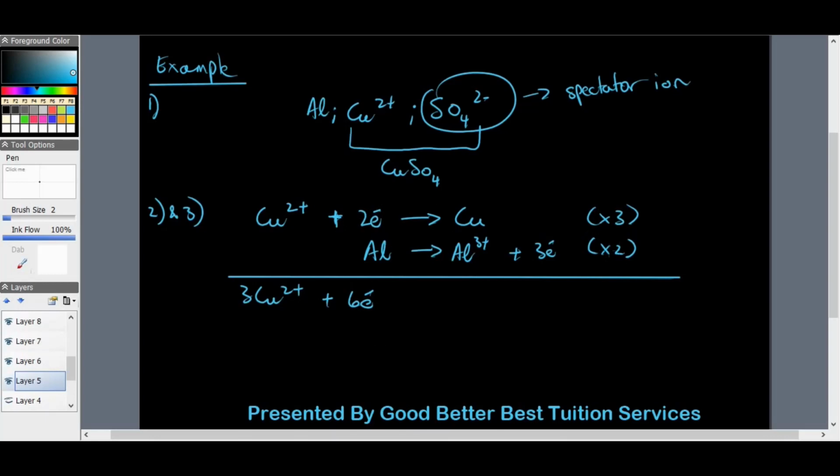And for the bottom, I'm going to multiply everything by 2, so that's going to be plus 2Al. Okay, that's everything from the left hand side sorted. So I'm just writing everything that's for left on the left, and then everything that's for right on the right. And then just not forget the right hand side, times by 3, so I get 3Cu for copper, plus 2Al3+, plus 6 electrons.